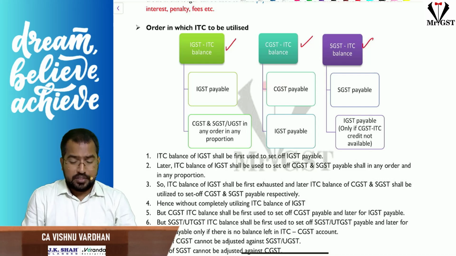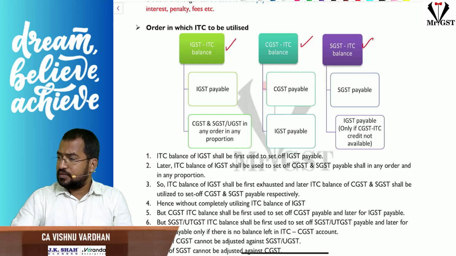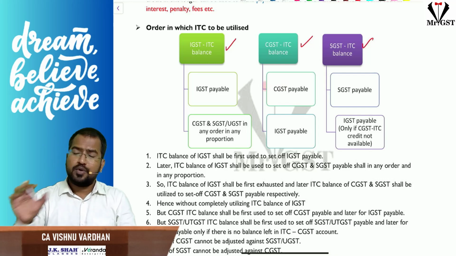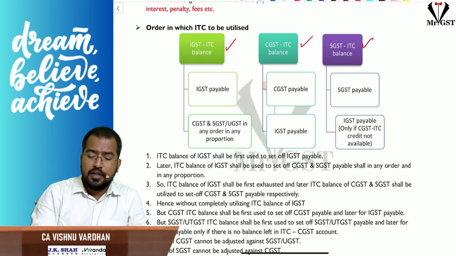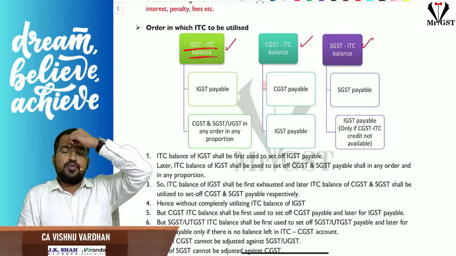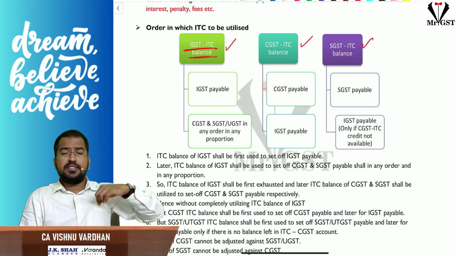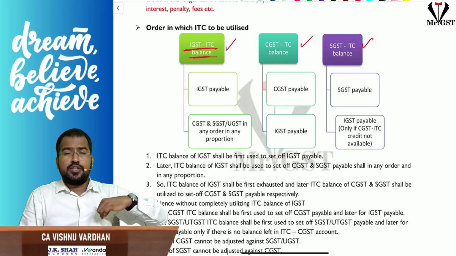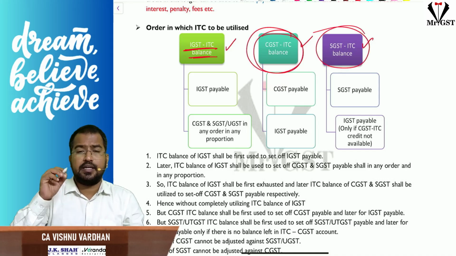Now coming to the concept, when we are doing the set off of GST payable with ITC, what are the rules to be followed? The first and foremost rule is, you should always make sure the IGST ITC balance is fully spent. It becomes zero. Without making this IGST ITC balance zero, you cannot touch the CGST and SGST ITC balances.